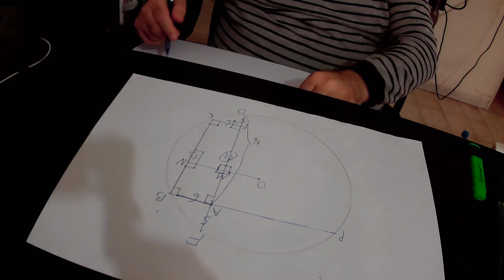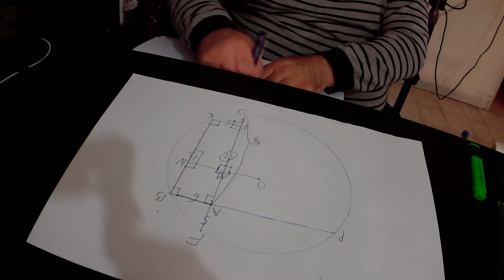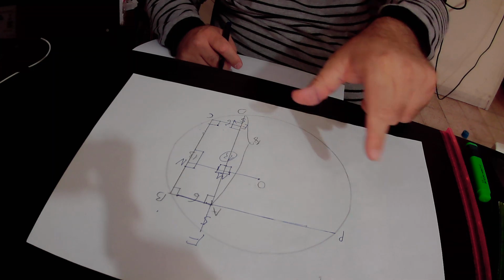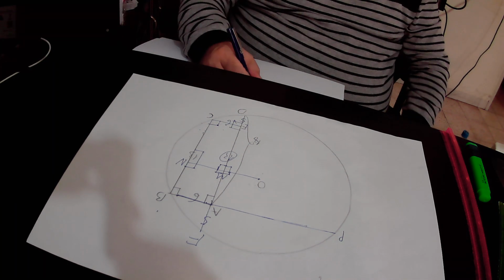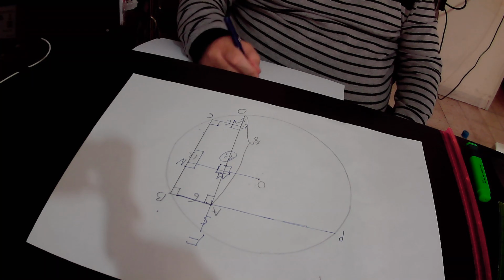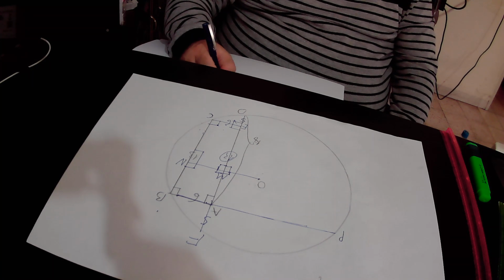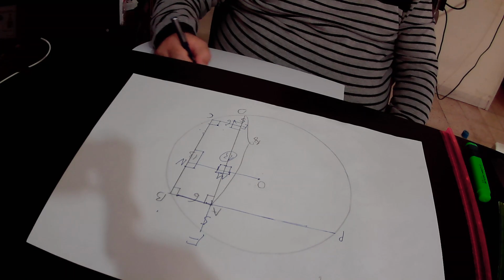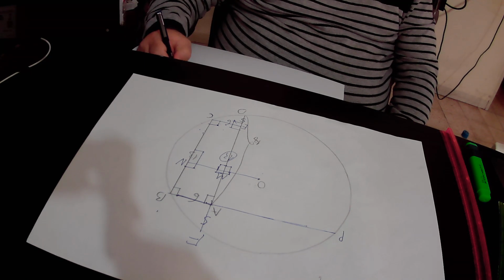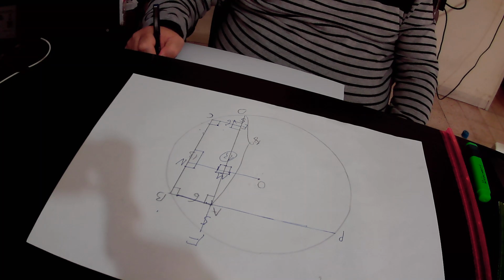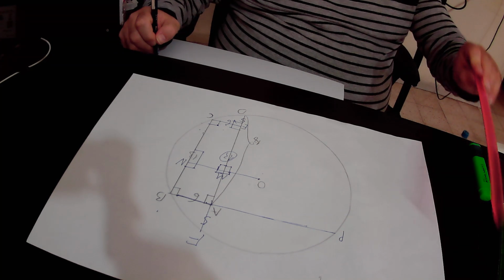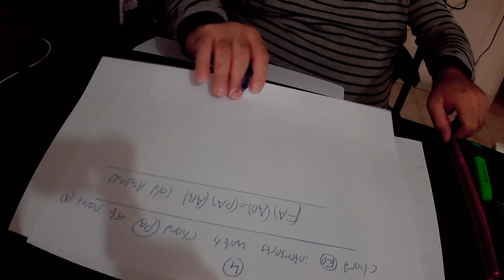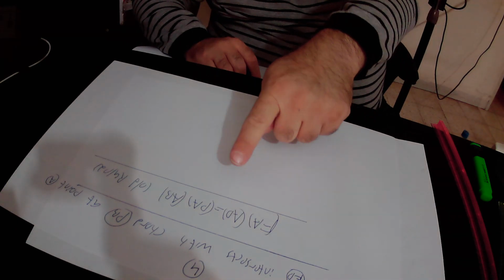According to the old rule number 2, FA times AD equals PA times AB.